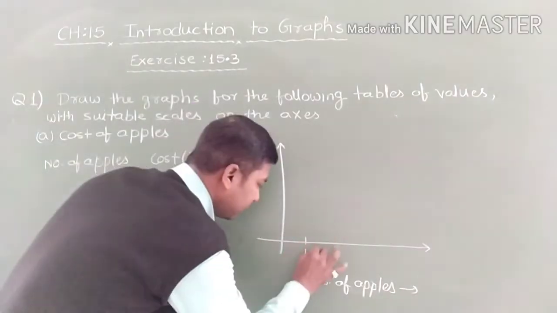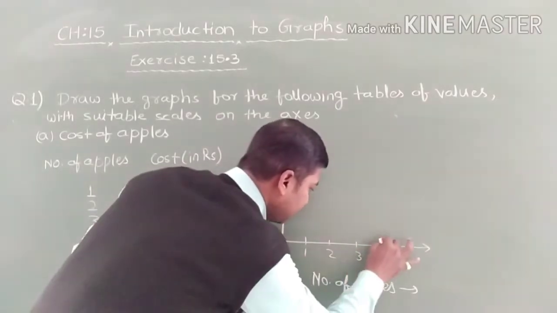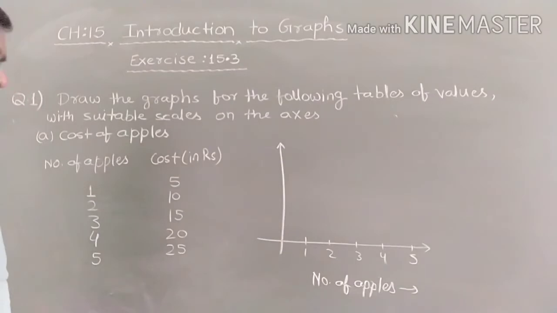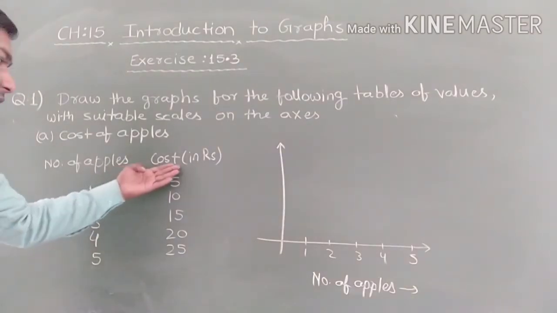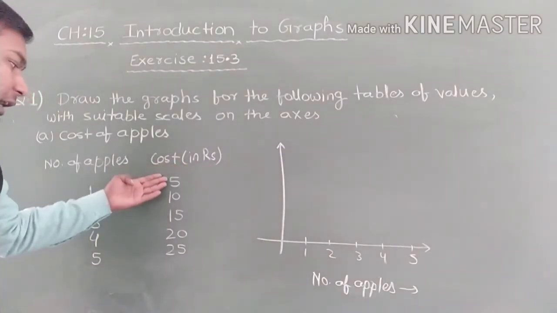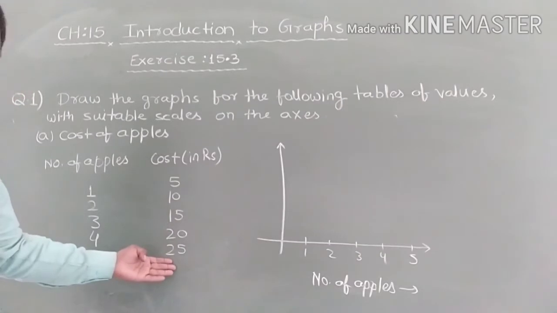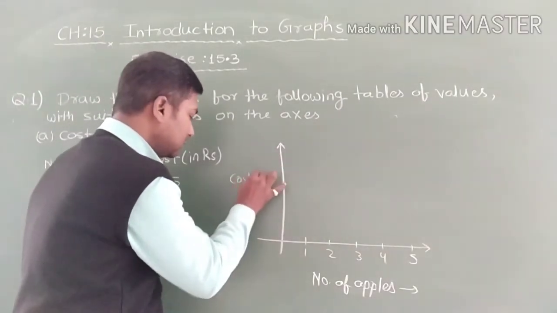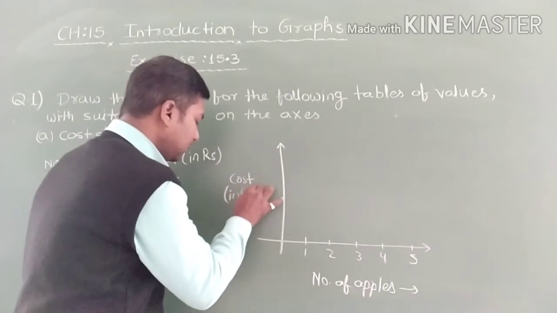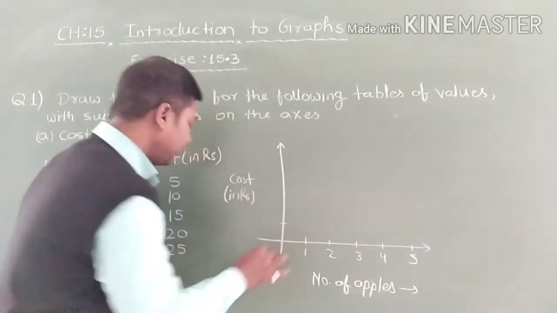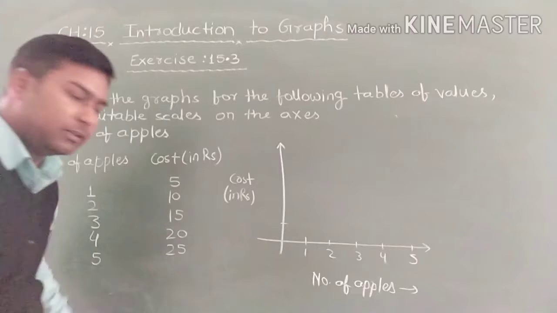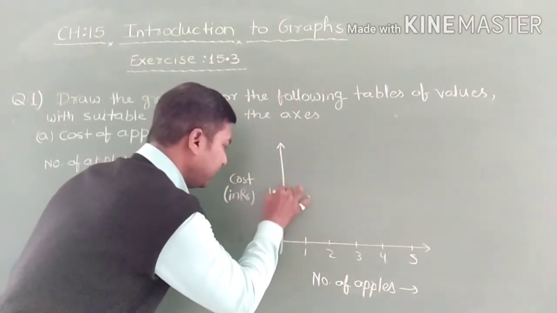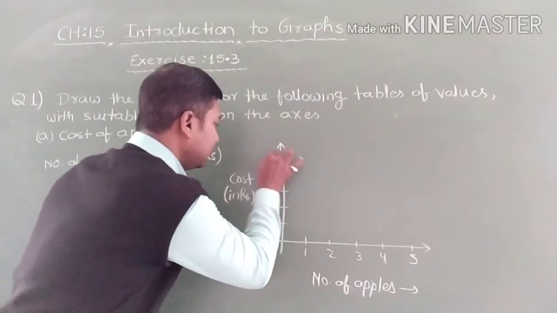So we can write here 1, 2, 3, 4, and this one is 5. Now cost is given in rupees, so 5, 10, 15, and 20, up to 25. So on the y-axis we have to draw cost in rupees. So it will be 5 to 25. Let's suppose this is 5, this is 10, this is 15, this will be 20, this is 25.